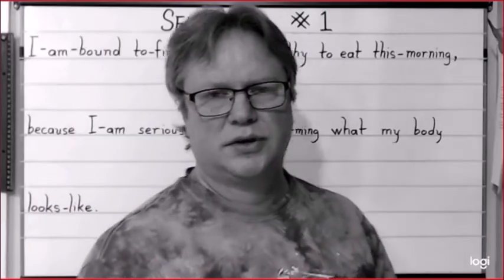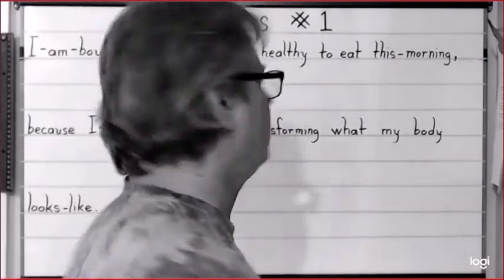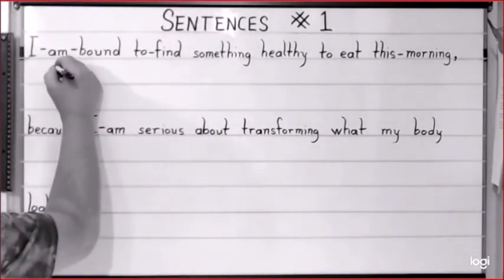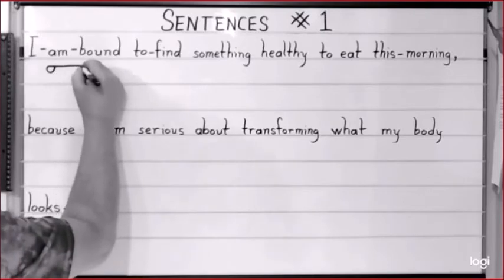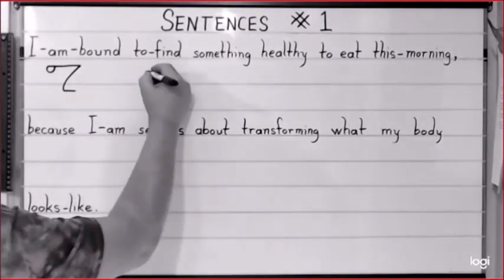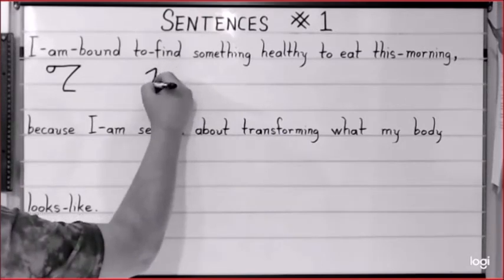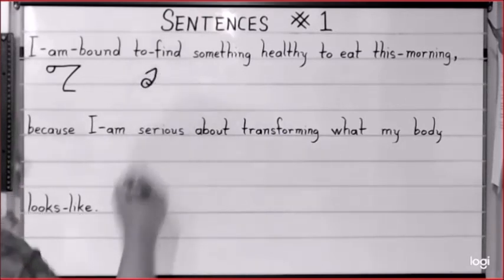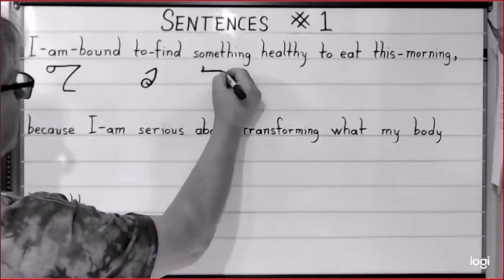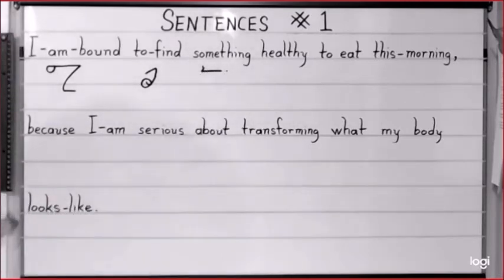On to the sentences, and sentence number 1. The phrase I am bound is A, M, B, N. To find is T, F, and a long I. Something is S, M, dot for ing.